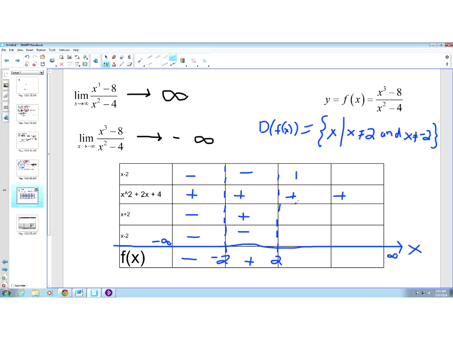This factor is positive, this factor is positive, this factor is positive, and so for x greater than 2, the function lies above the x-axis. So please don't forget your table of signs, otherwise you'll have a lot of difficulty sketching the graph of the function. So we can go back to our graph now. It was on the next page.